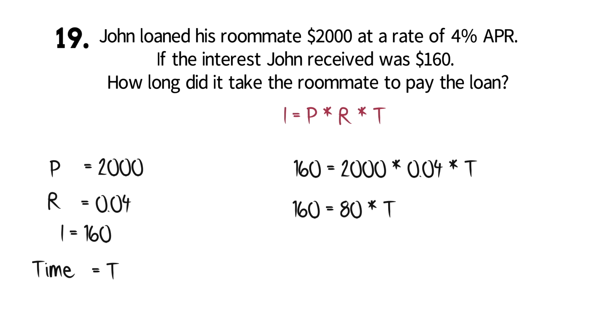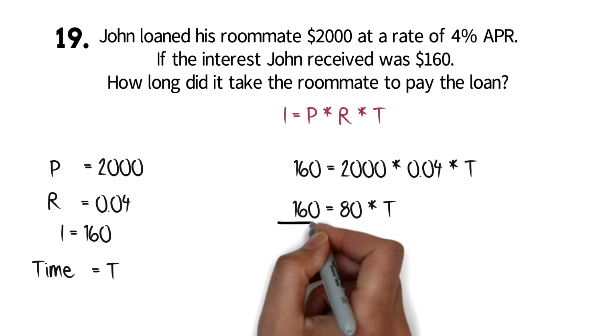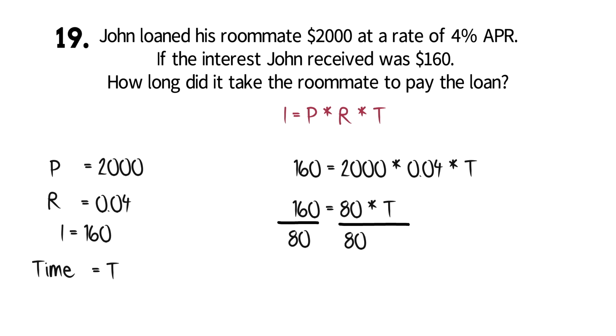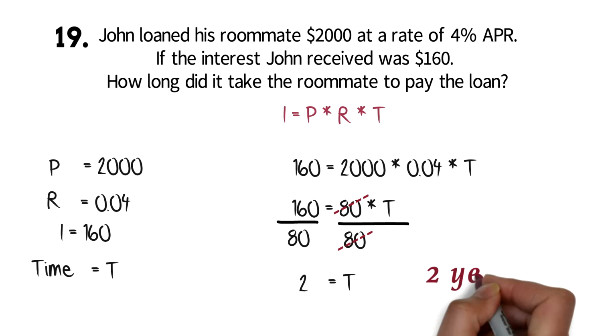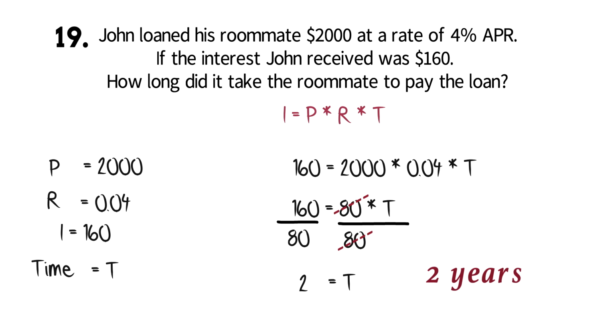We have a one-step equation. We will divide both sides by 80. This will cancel out. 160 divided by 80 is 2. Therefore, it took the roommate 2 years to pay the money back.